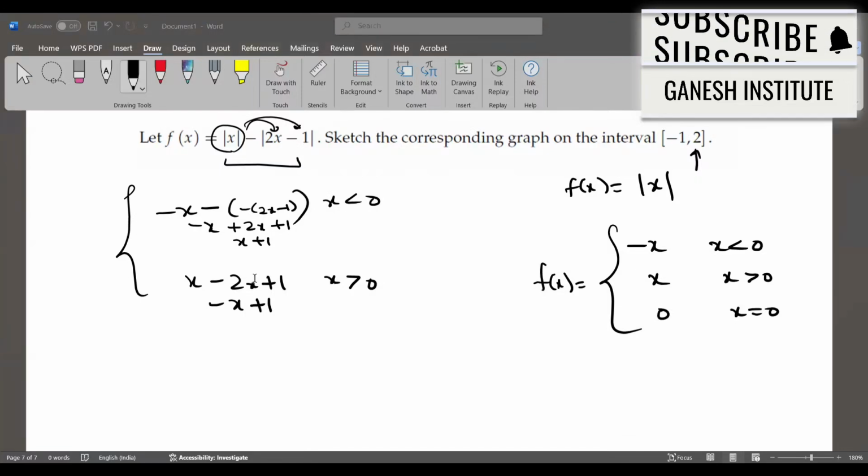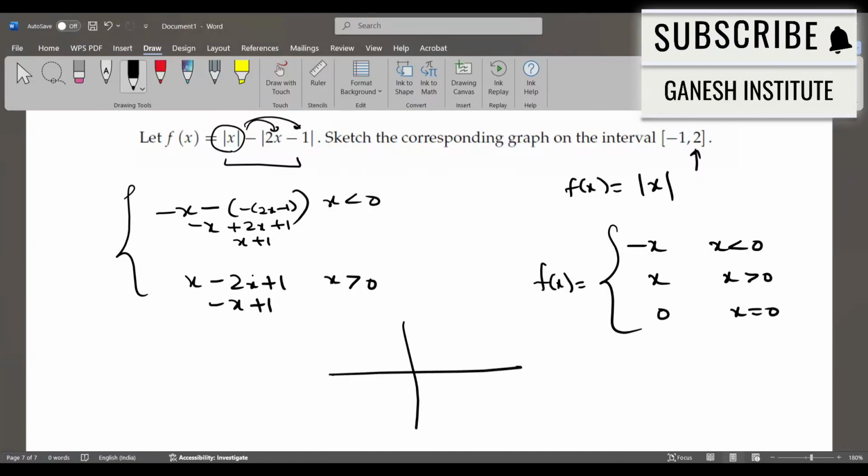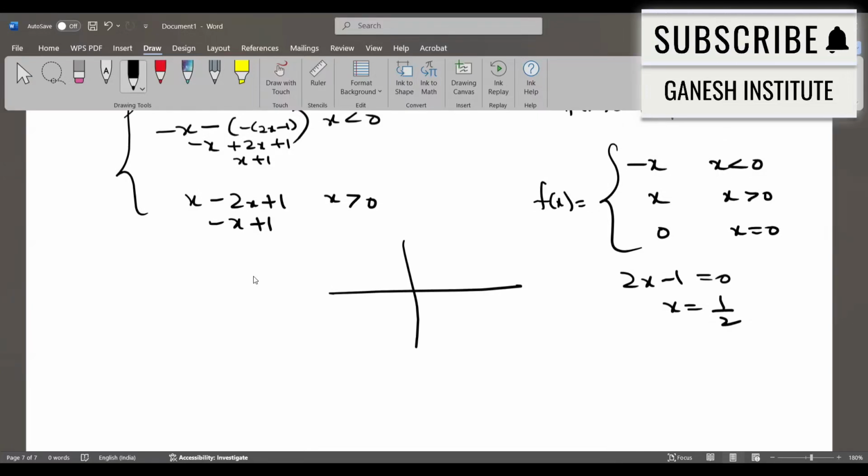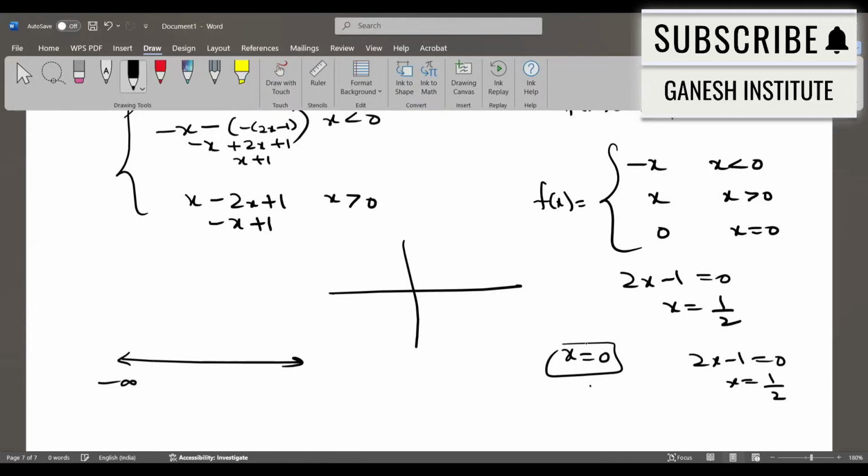Now, what is left? There can be a chance if you do them separately. If you take 2x minus 1, so x is 1 by 2 also, right? You have two values. If you put x 0 and if you put 2x minus 1 0, so you have on the number line 0, 1 by 2.